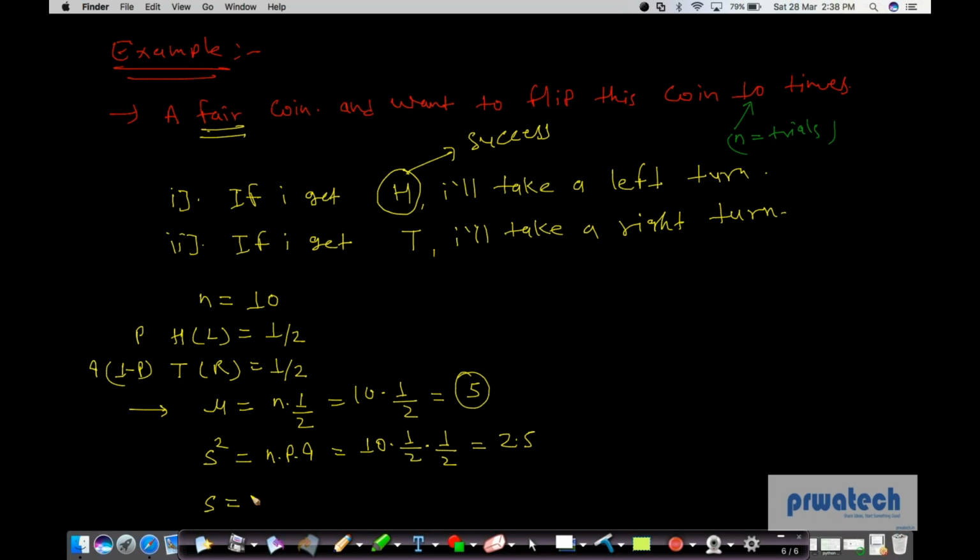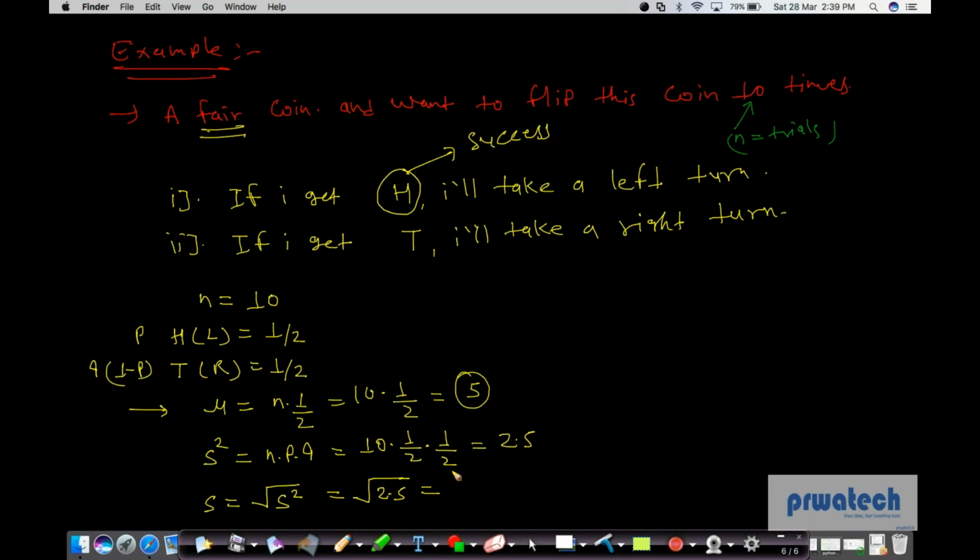Sample standard deviation formula is similar to earlier in central tendency. This is the root of s square, and the s square value is already known to us. This is 2.5. So can we calculate the root of 2.5? Root 2.5 is 1.581.